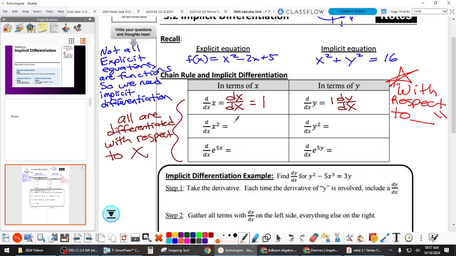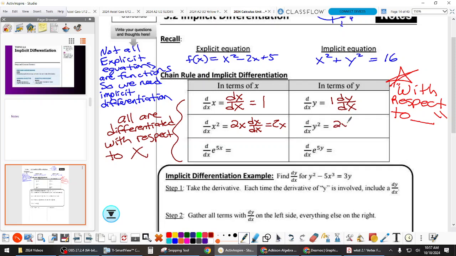d/dx of x squared we know is 2x. If we don't ever write it, we haven't and we won't, but it's really 2x and then the derivative of x with respect to x, which is just 1. Over here, though, we're doing y with respect to x.